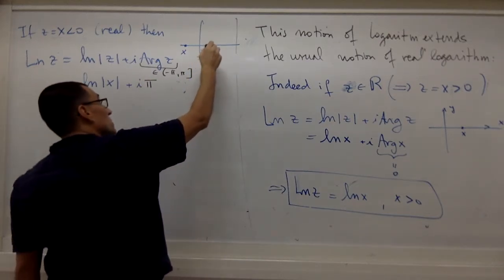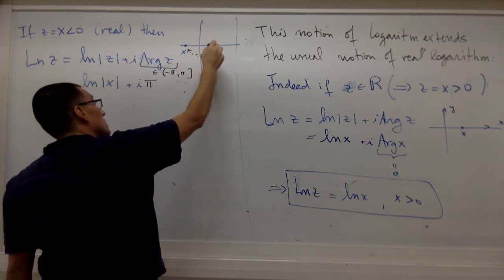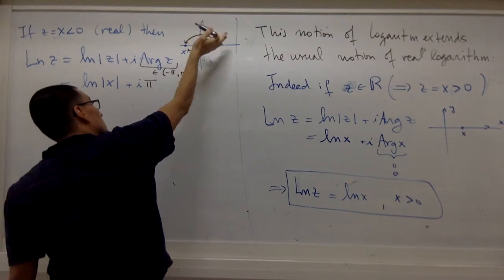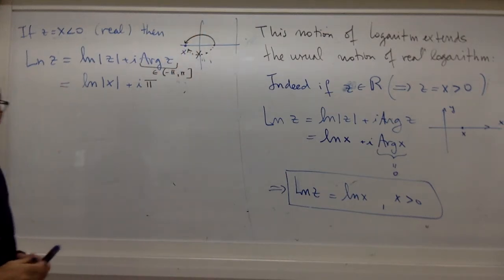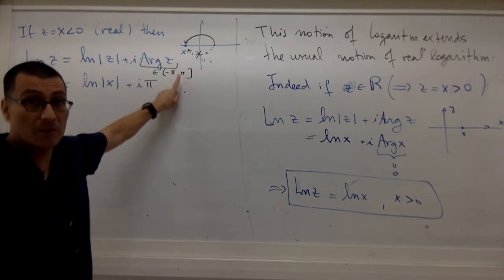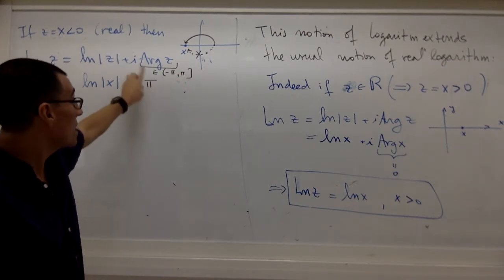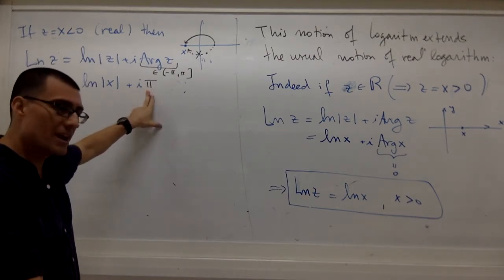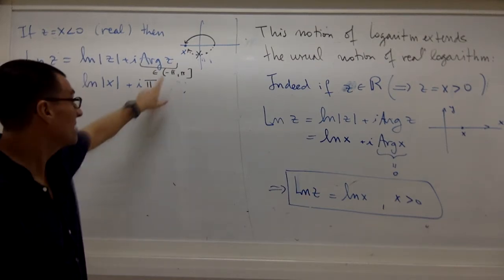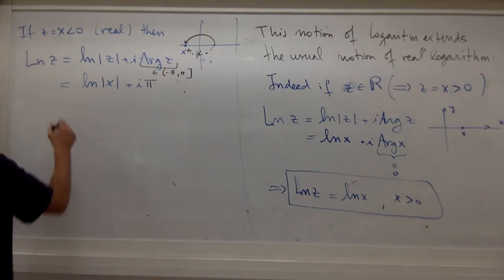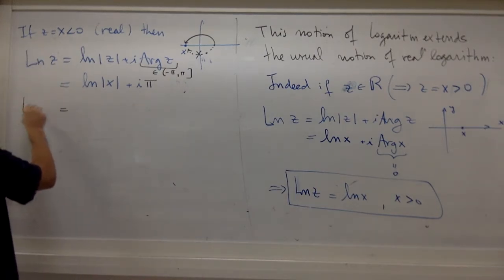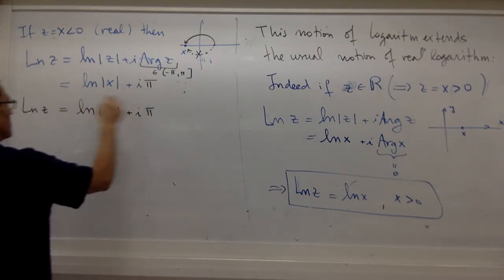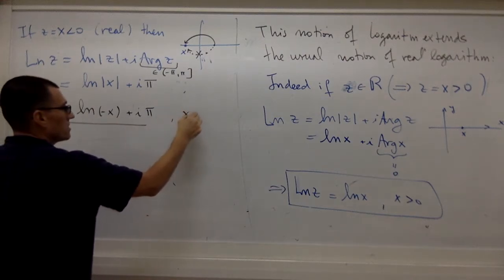You can't do this from here to there. No, you've got to go from here to there, counting the theta positively in the positive direction up until you get to the point pi. The principal value of the argument of a negative real number is not negative pi, because negative pi is not in that interval. So you get the logarithm of z is the logarithm of negative x plus i pi, if x is negative.